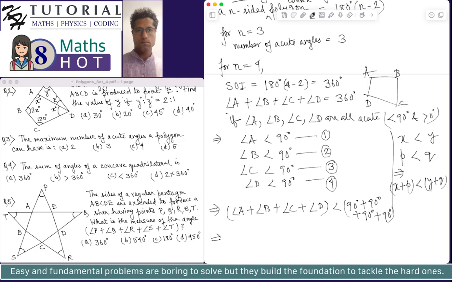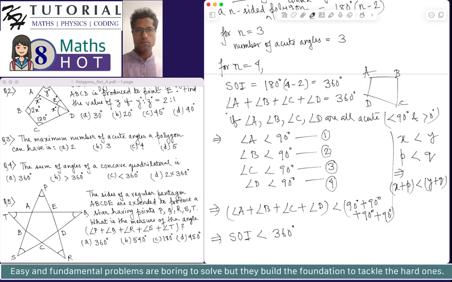So this implies that angle A plus angle B plus angle C plus angle D, which is nothing but the sum of the interior angles of the polygon having number of sides 4, is coming to be less than, on the right hand side, 4 times 90 degree, which is 360 degree, which cannot be the case.